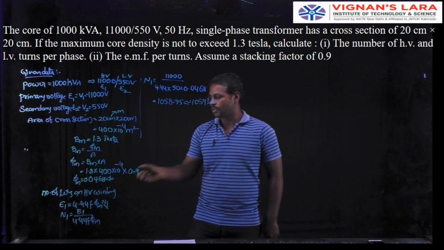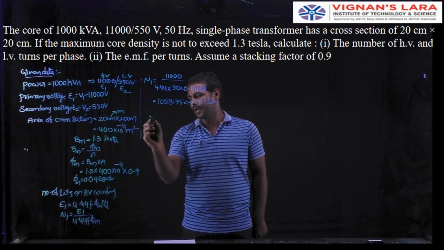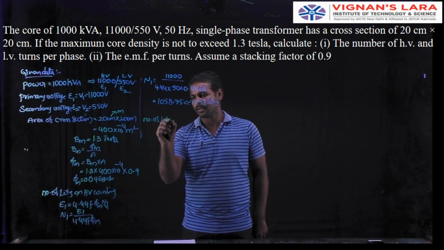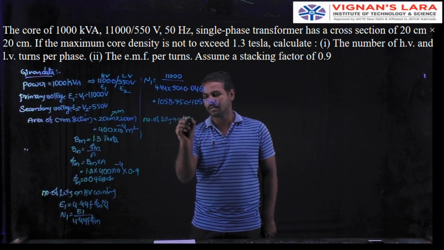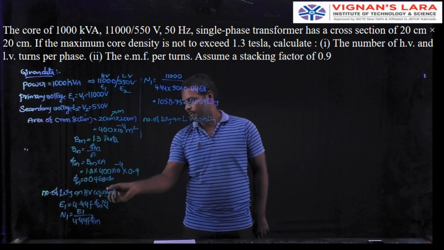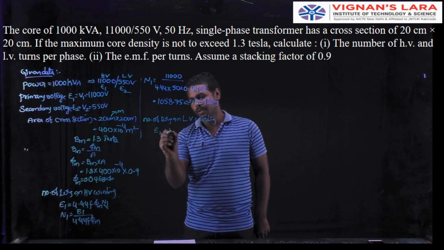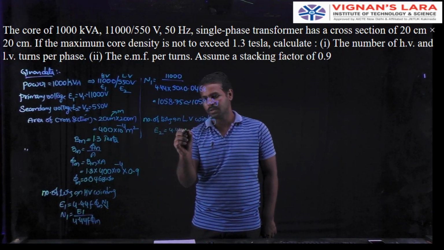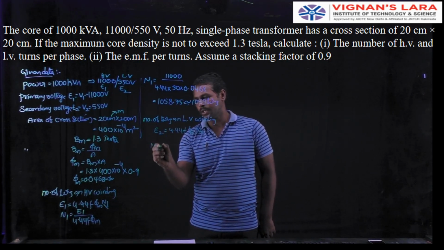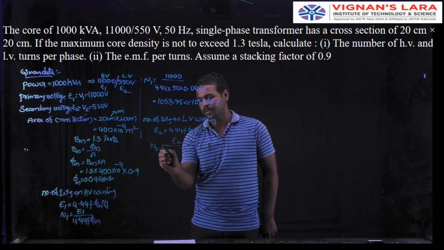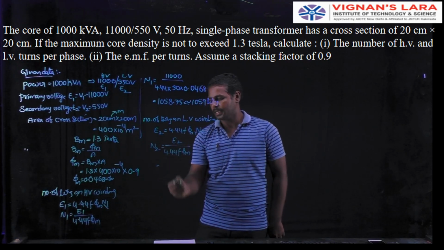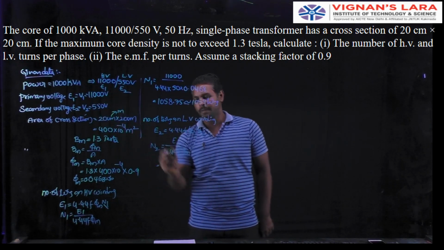Similarly, number of turns in LV winding, low voltage winding: E2 is equal to 4.44 into F into phi m into N2. N2 is equal to E2 divided by 4.44 into F into phi m, where E2 is equal to 550.